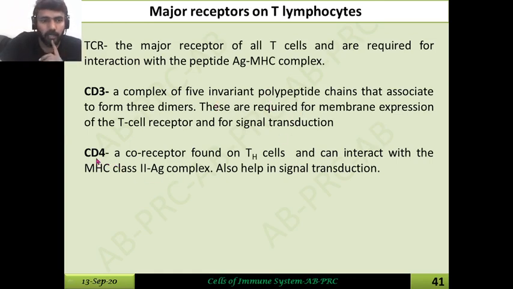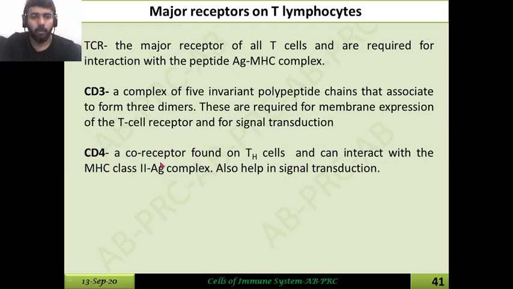Okay, the another one is CD4, which is a co-receptor found on T helper cells only. This is important. CD4 is important. These are present only on T helper cells, right. CD4 receptors are present only on T helper cells and can interact with the MHC class 2 antigen complex. This is an important statement that you have to remember well.